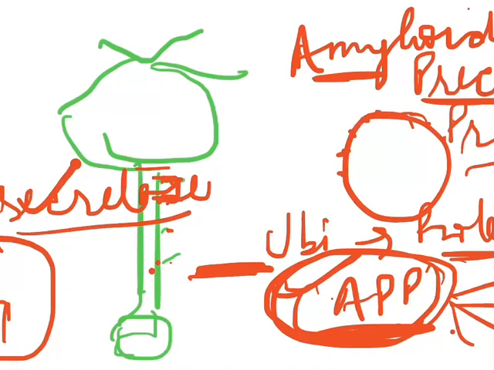So certain people have more of the beta and gamma secretase instead of the alpha.